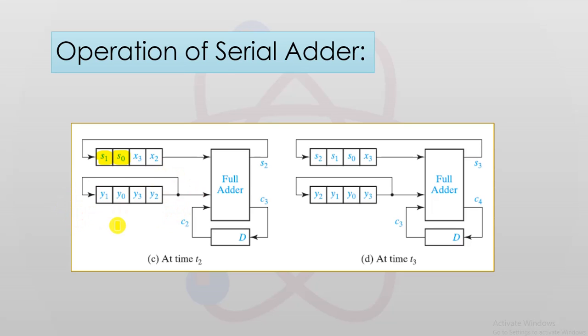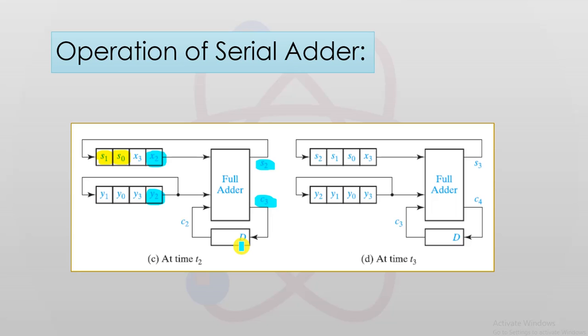So at time T2 you are going to add X2 and Y2 at the full adder input, and this will produce the sum S2 and the carry C3. This carry C3 will be stored in the carry flip-flop.